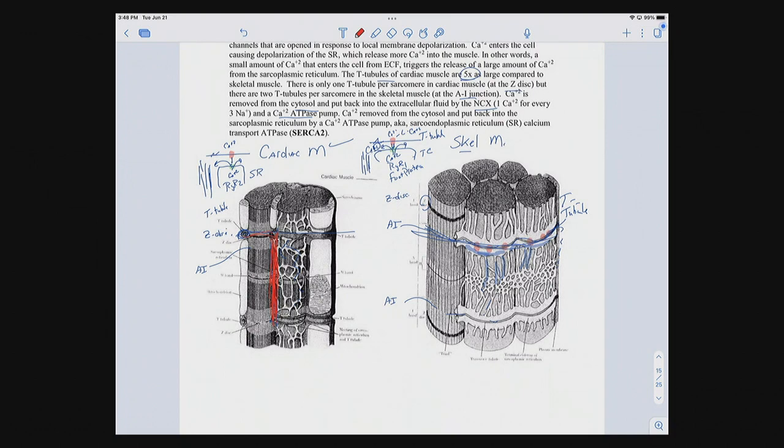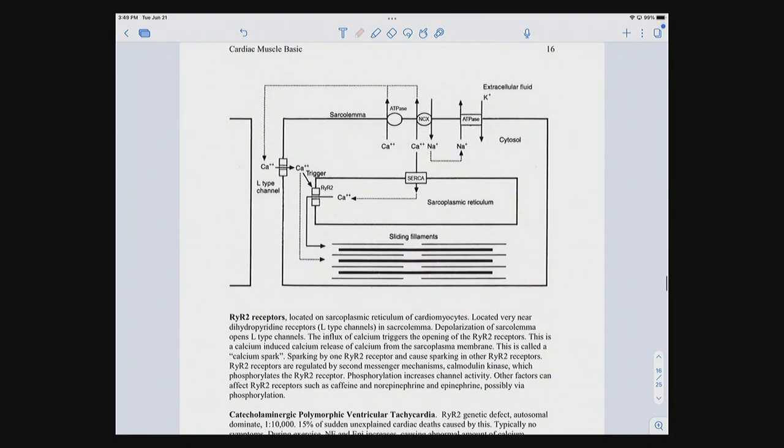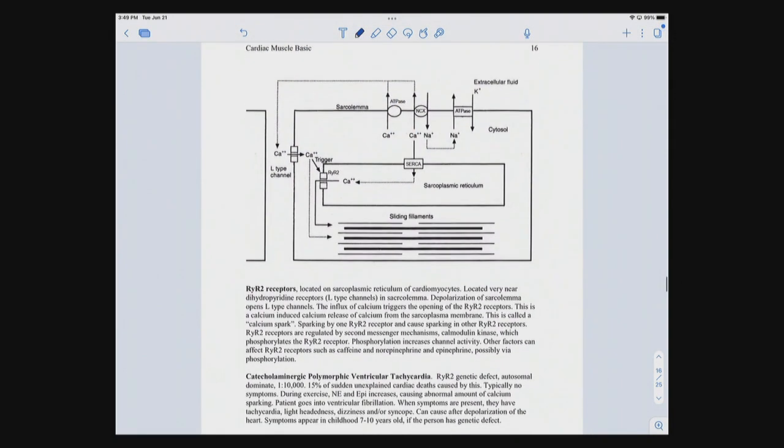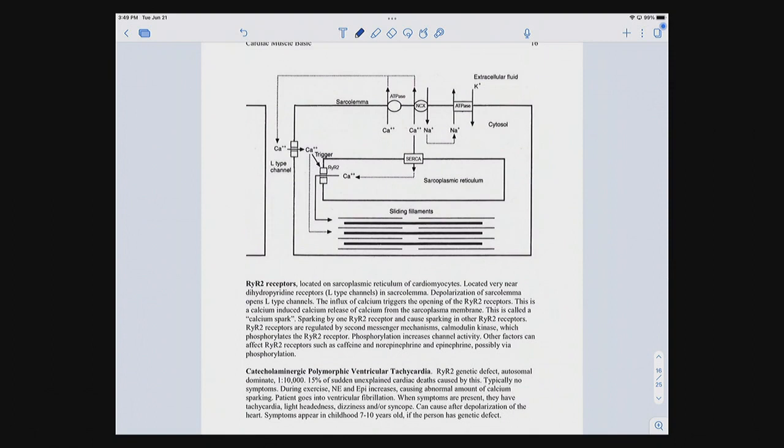Okay, so let's go into and look at the cartoon diagram of a cardiac muscle and just see kind of how things are working. Again, oversimplified diagram, but it's enough for us to have the general idea of how things are working. So we're going to say here that this is going to be the T-tubule, okay? So we'll label it as such, T-tubule, okay? So the action potential then is going to be going down in that direction there.